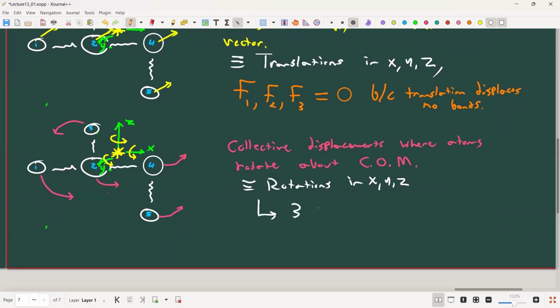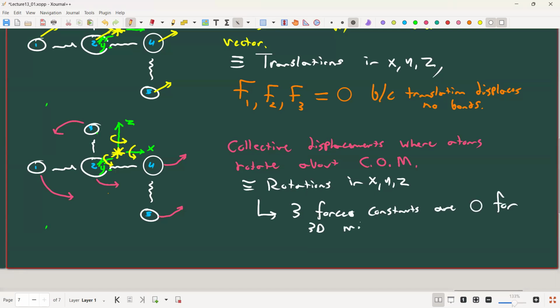So 3 force constants are 0 for 3D molecules and 2 for linear molecules.